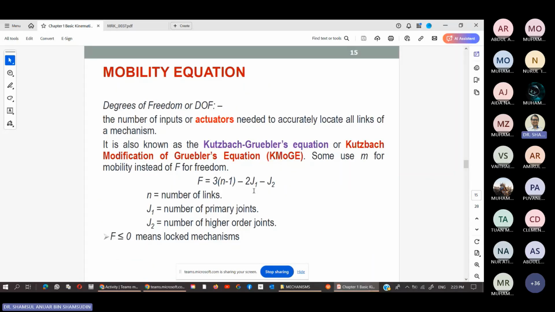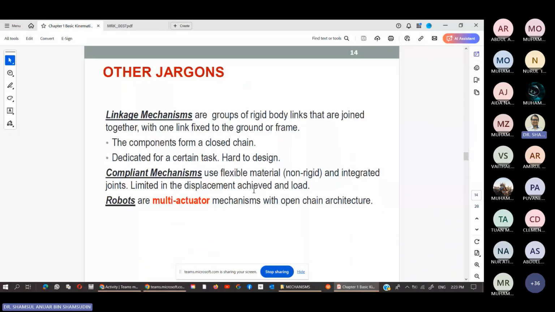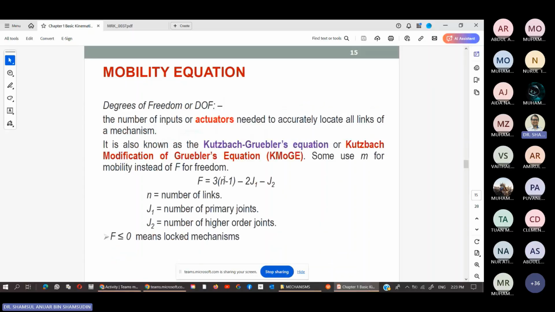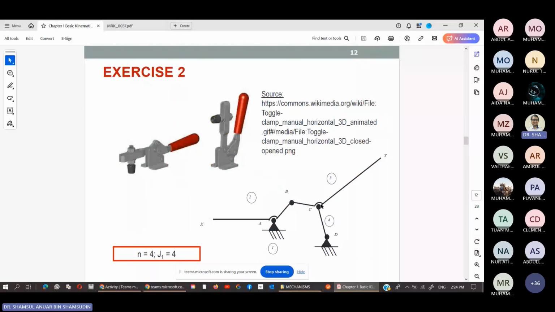If you plug in these numbers, 4 and 4, you will get the degrees of freedom is 1. So n is 4, minus 1 is 3, 3 times 3 is 9, minus 2 times 4, which is 8, so 9 minus 8 is 1, and minus j2, which is 0, because over here there are none of those things.